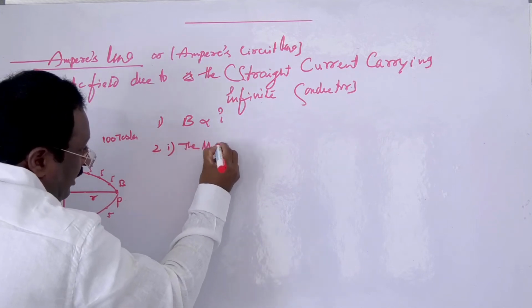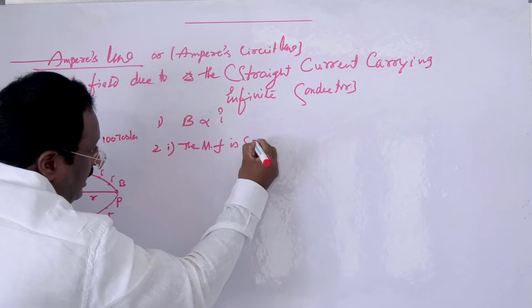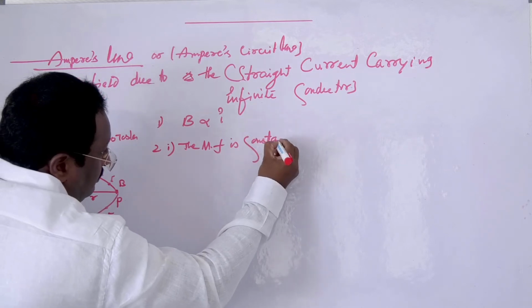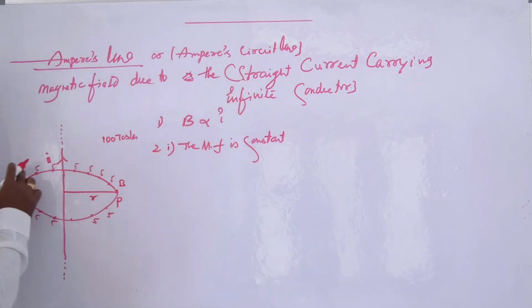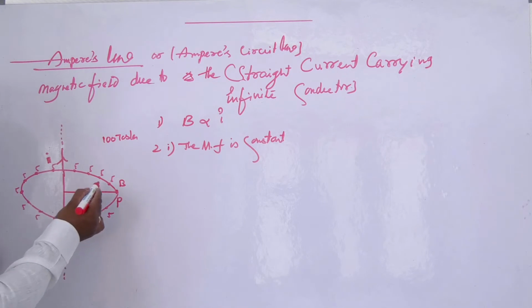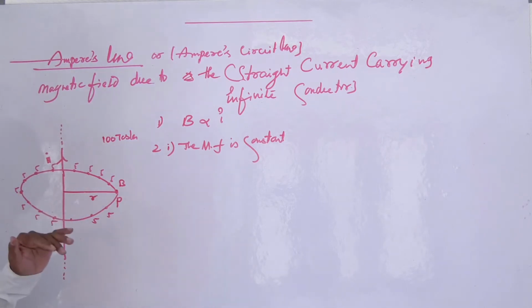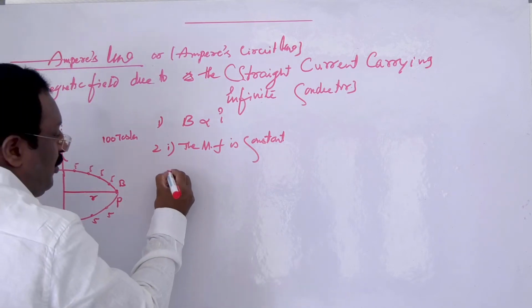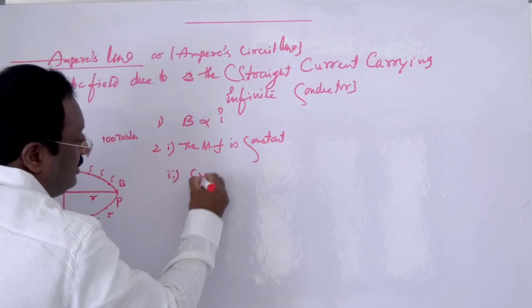At each and every point on the circular loop of radius r, the magnetic field is constant. Here the magnetic field has symmetry. This symmetry is called cylindrical symmetry.